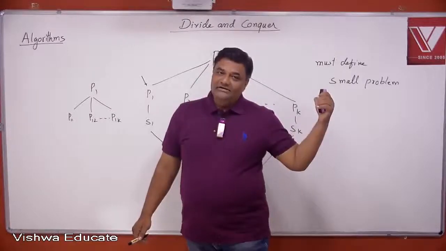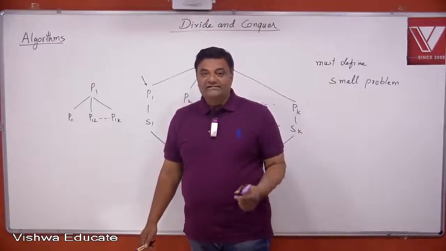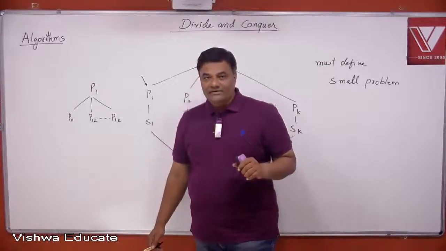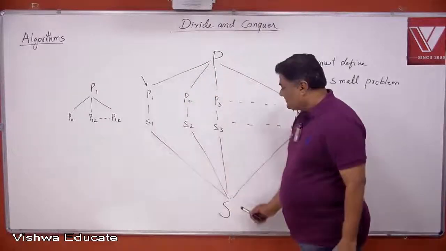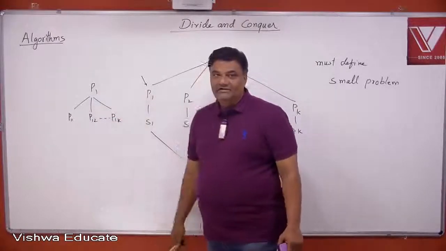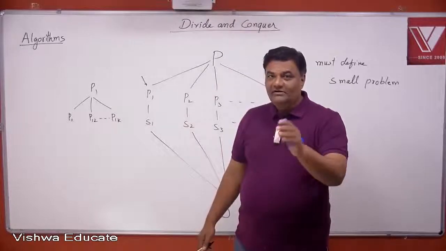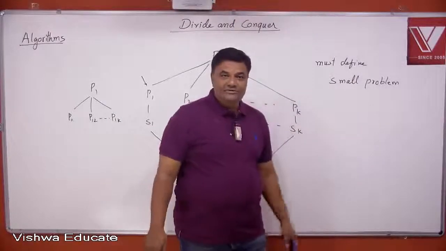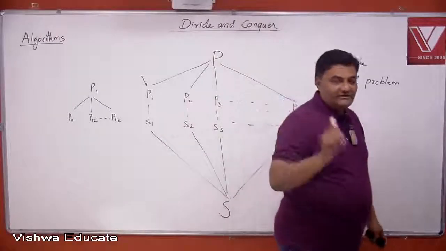Then the last point, the fourth point, is you must define what a small problem is. First one is this one. Second, if it is large, then apply divide and conquer. Third, divide and conquer is recursive. Fourth, we must define a small problem. So take these 4 points and draw this diagram.